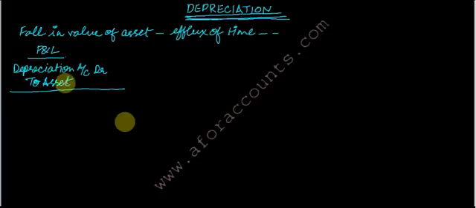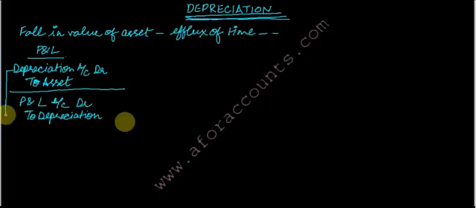When I credit it, I reduce the value of the asset, and then the transfer entry to the P&L will be profit and loss account debit. Expenses are increasing, profit and loss account debit to depreciation. So depreciation debit and depreciation credit nullifies, the value of the asset decreases and the P&L amount, the expense amount, increases.